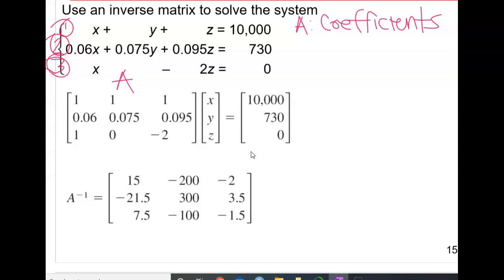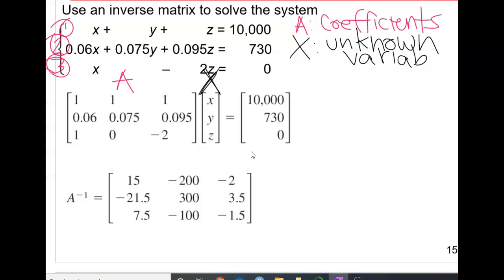Matrix X represents the unknown variables, in this case X, Y, Z. And then we have matrix B, which represents the constant terms.